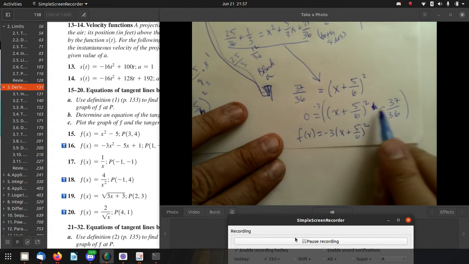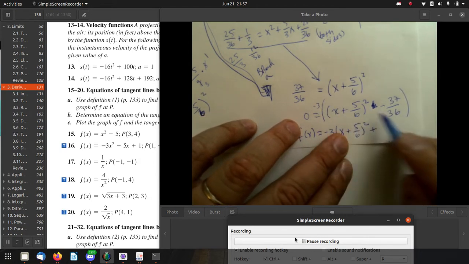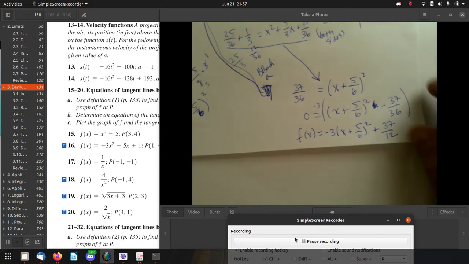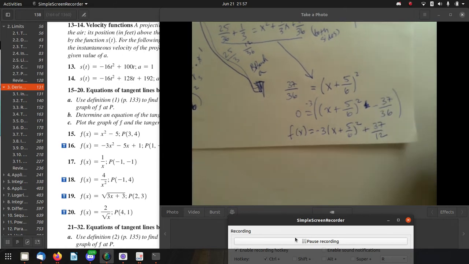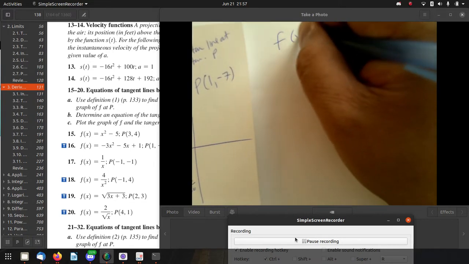And the negative times negative is positive, and 3 over 36 is 1/12, and we get 37/12.